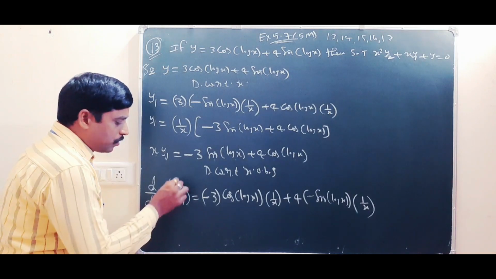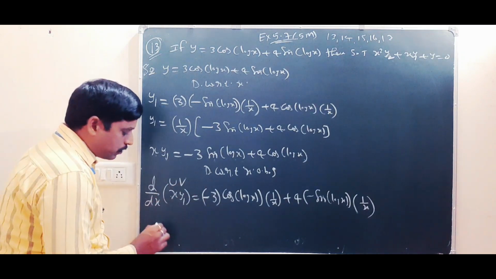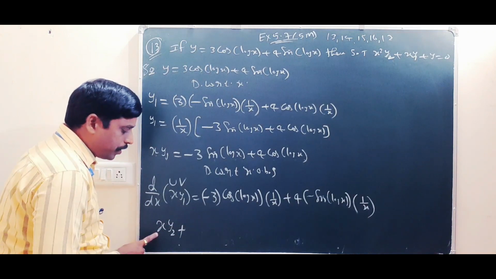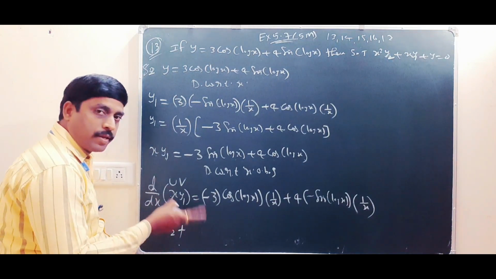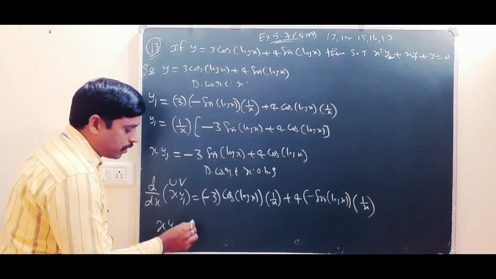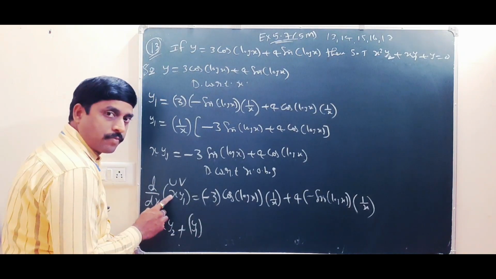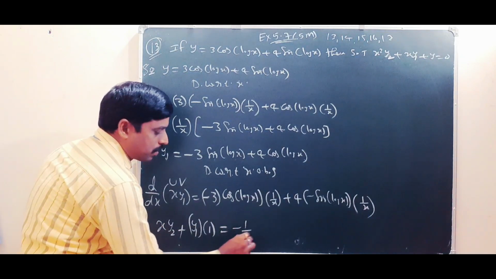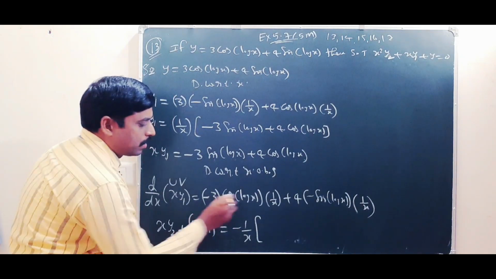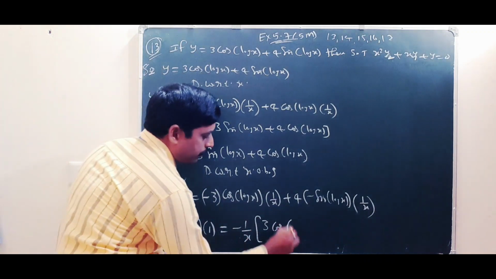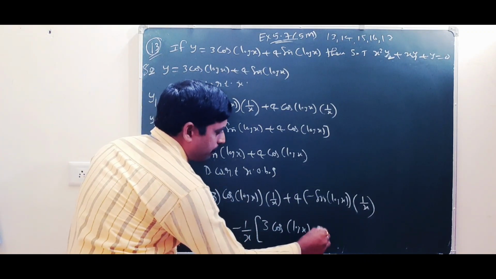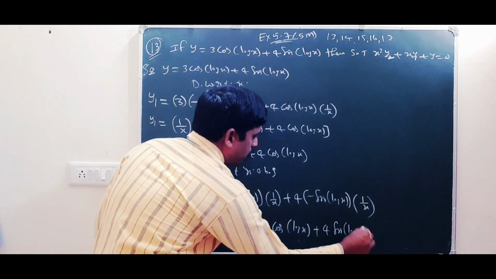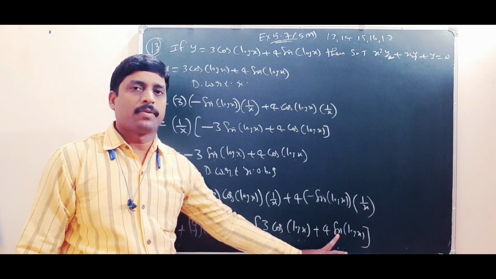On the left side, using the UV formula, xy1: x into differentiation of y1 is y2, u into differentiation of v plus v into differentiation of u, so y1 into differentiation of x, which is 1. On the right, minus 1 by x taken out as common: 3 cos log x plus 4 sin log x.